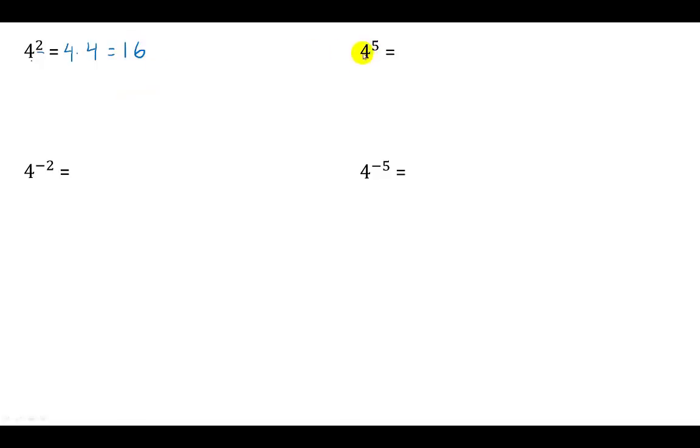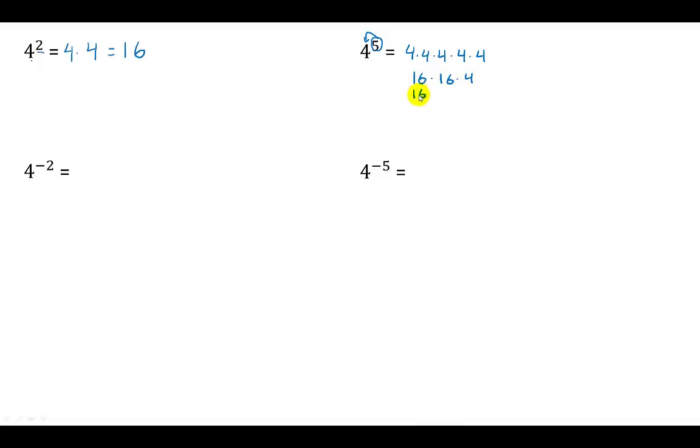If I have 4 to the 5th power, that means I have 5 4s. So it's 4 times 4 times 4 times 4 times 4. Well, 4 times 4 is 16, so this means 16 times 16 times 4.